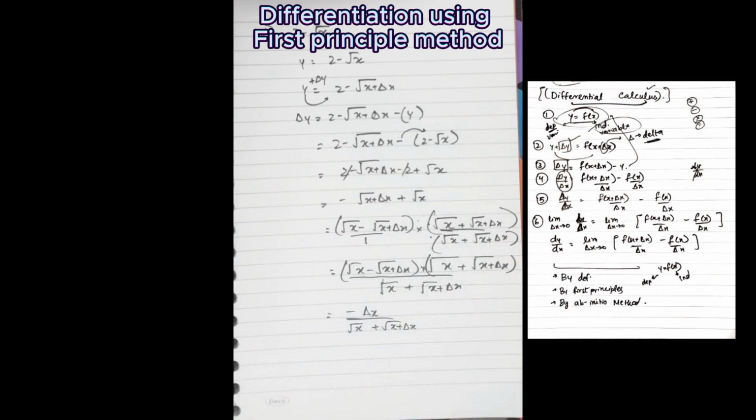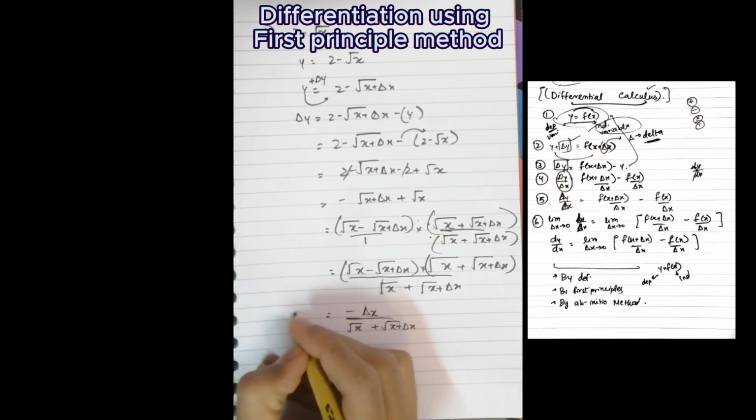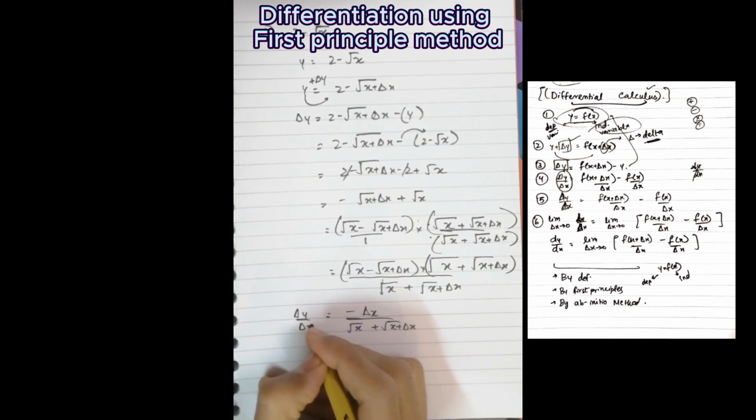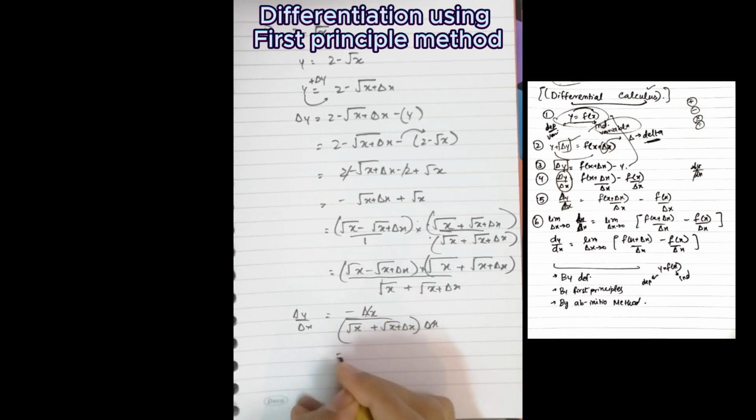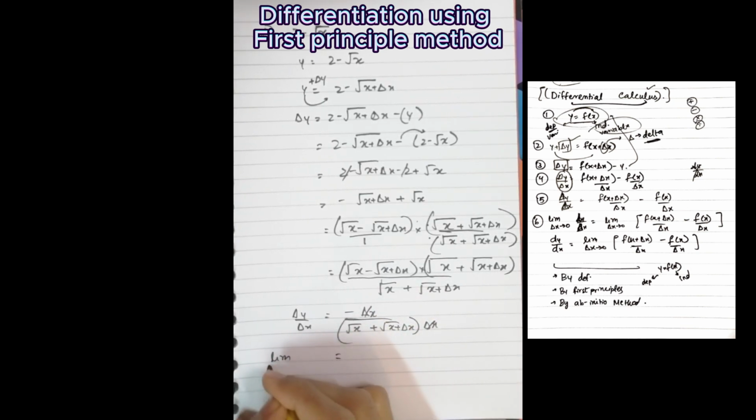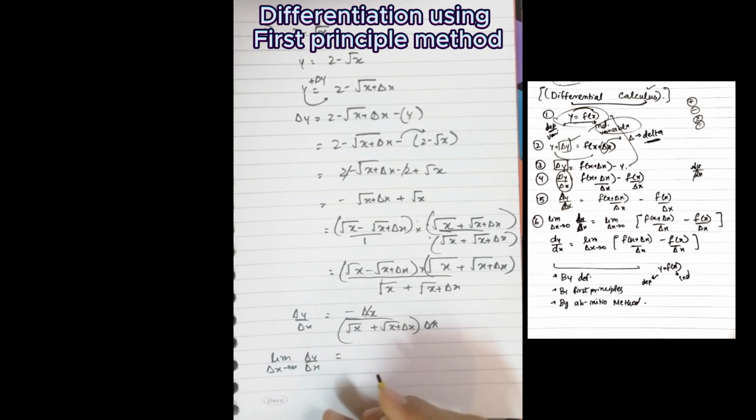And in the sixth step, if I apply the limit, what would happen? This delta x would become 0, and this can be simplified, right? So this is the point where I can't simplify further, all right? So I'm going to divide delta x by delta x, so delta x is cancelled over here. Now I'm going to apply the limit as delta x approaches 0 of delta y divided by delta x.